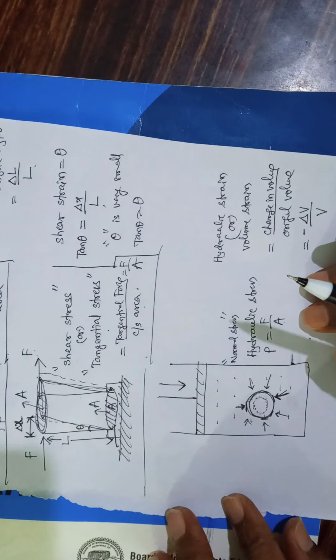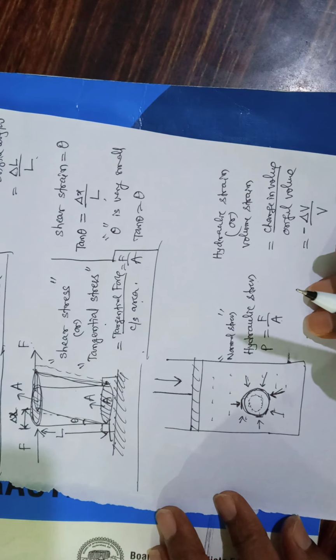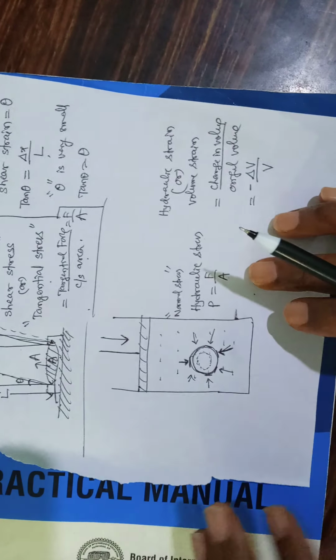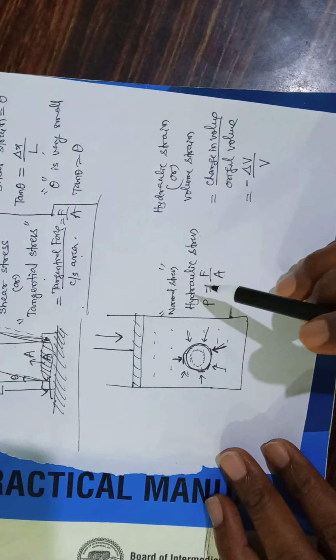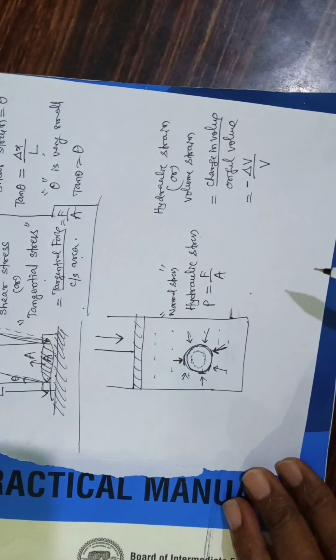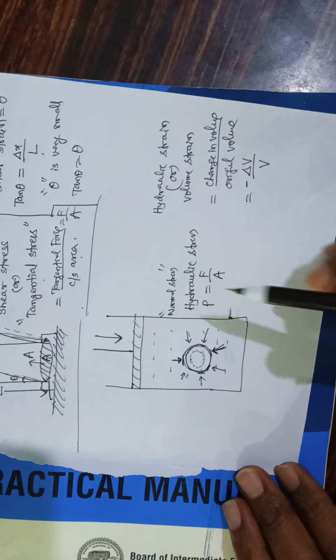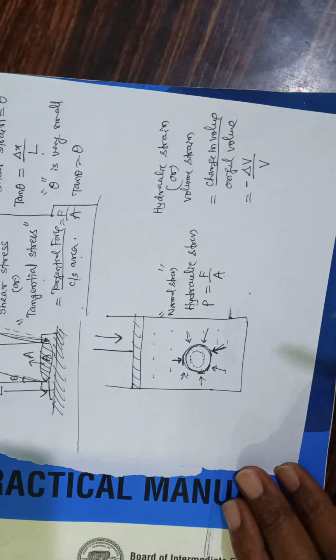Okay, now you go for a third type of stress in which, by applying force, its volume is changing. Therefore, such type of stress is called hydraulic stress or pressure.